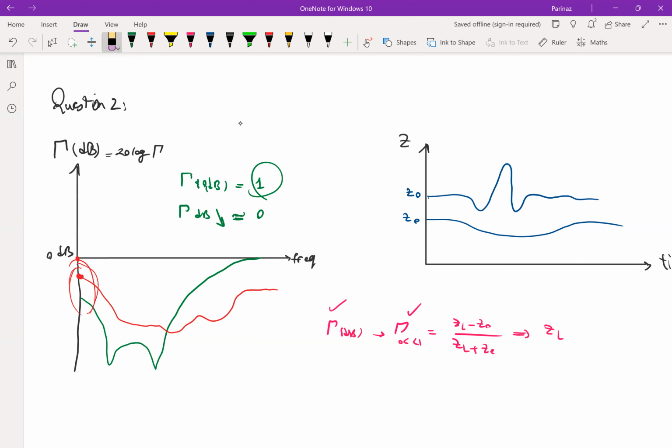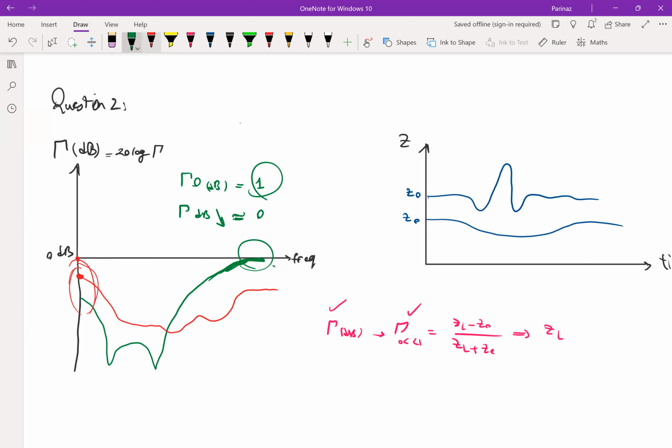So if we are very close to 0 dB here, that means that all of our signal is getting reflected. But that's happening in high frequencies. So it means that the green line has a very high frequency disturbance along the line in the impedance, and a very high frequency disturbance to the impedance would cause the reflection coefficient to be close to 0 dB, or basically 1 in absolute value.